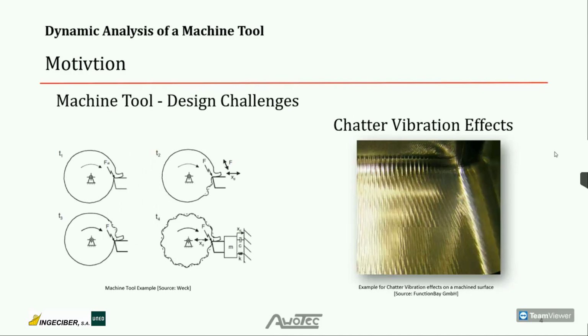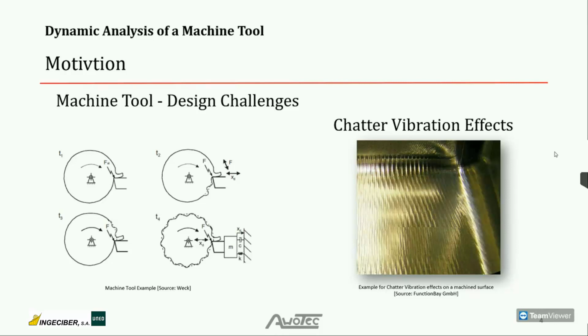From the process side, one challenge in the design of the machine tool is to avoid chatter vibration effects as best as possible. So the goal in the design of the machines is that these effects have to be studied in advance and to be minimized by design.